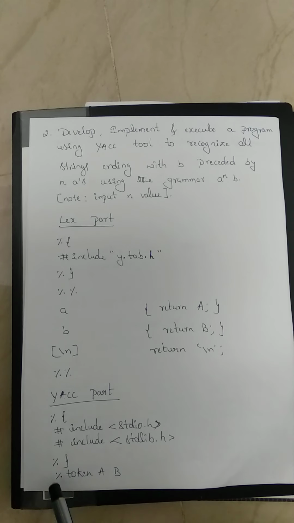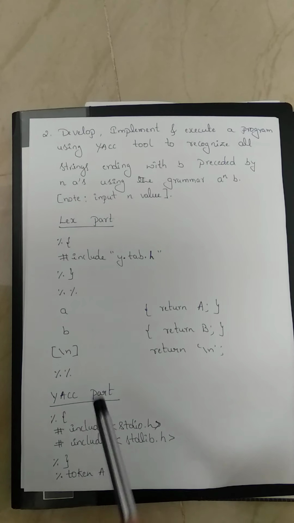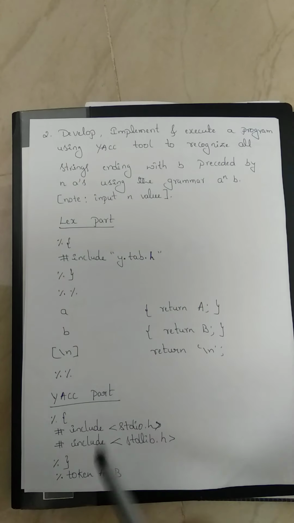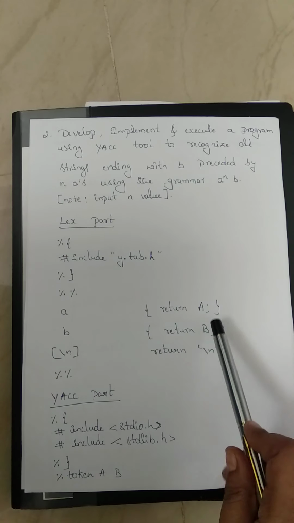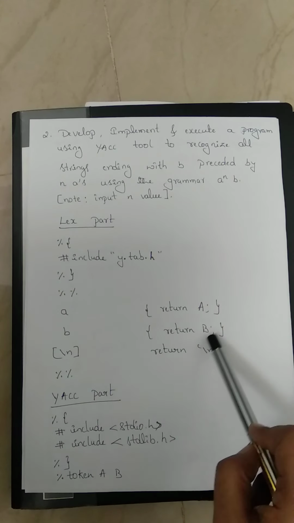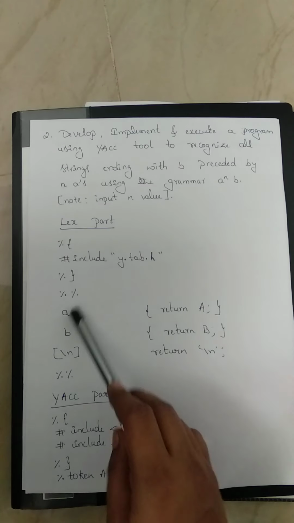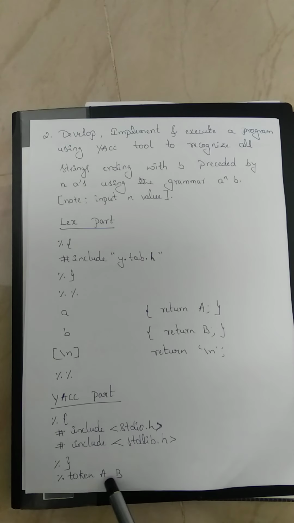It is written using the percentage symbol immediately followed by token, a space, and the name of the token: capital A, leave one space, and the next token, capital B. Whatever names are given in the action part for the regular expressions should be followed in this line as well.